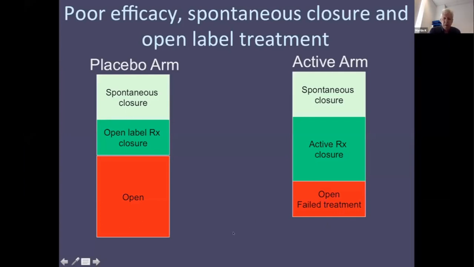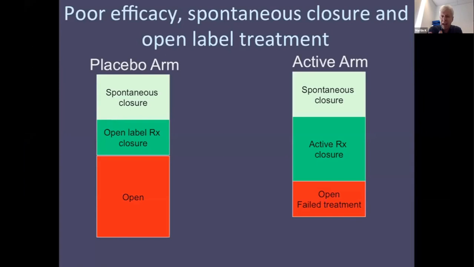Sorry, my screen's not flipping through to the next thing, but the point I wanted to make is that at the end of this process, you have multiple effects on the placebo arm, and multiple effects on the active arm. But the problem is that when we look at the trial at the end, the placebo arm is really a proxy for the duct being open, and the active arm is the closure of the duct.